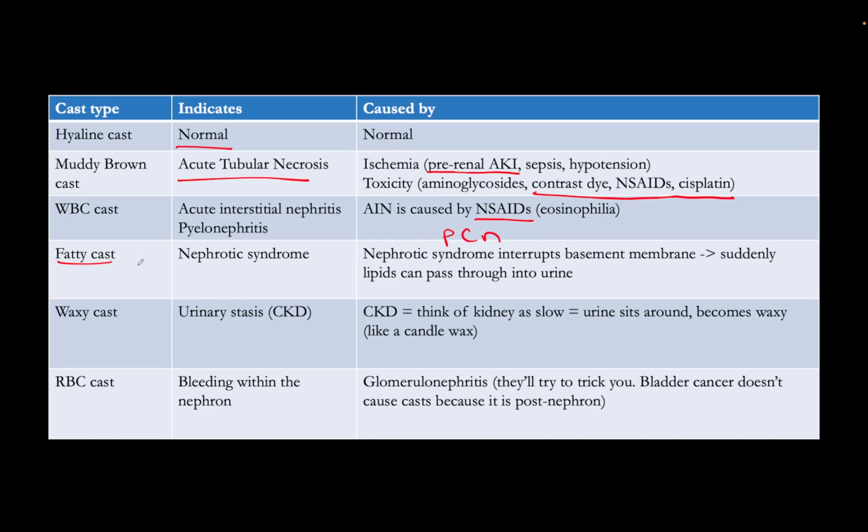If you see fatty casts, and this was that Maltese cross sign, that's caused by nephrotic syndrome. And recall that nephrotic syndrome interrupts the basement membrane. One thing we didn't talk about, because I think it's pretty low yield, is a waxy cast. If you think of a hyaline cast that sits around all day, and we picture a clock just ticking, it becomes waxy.